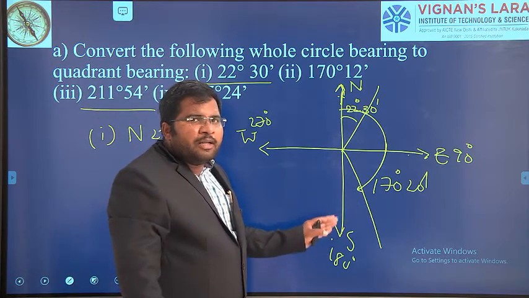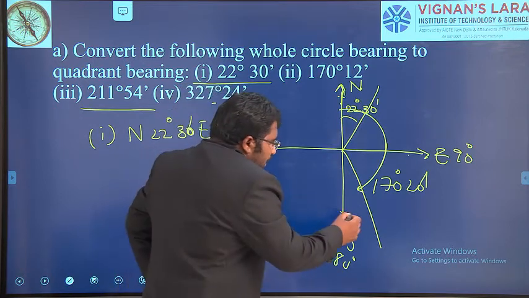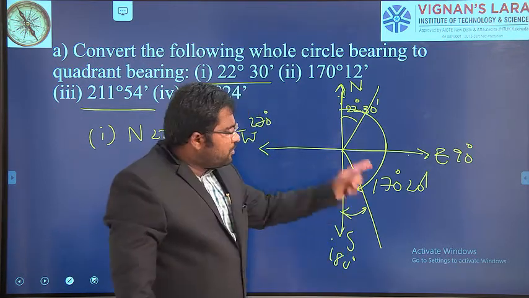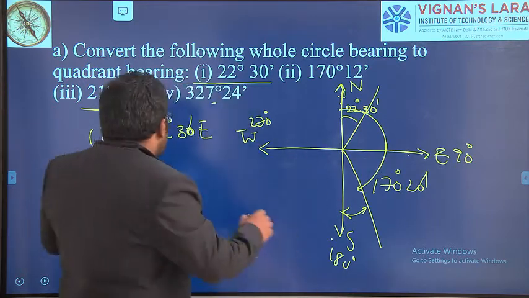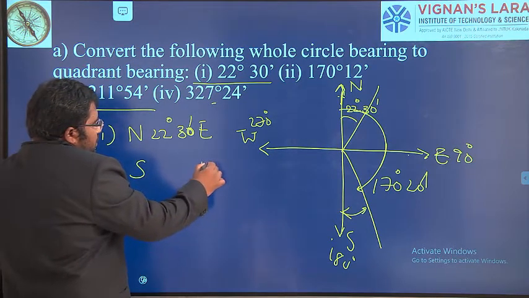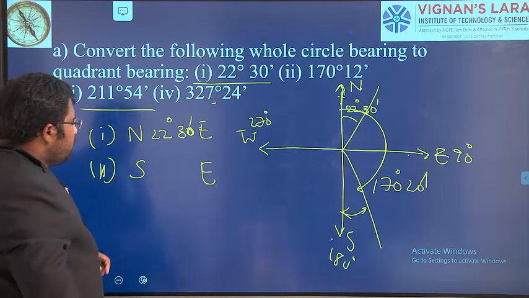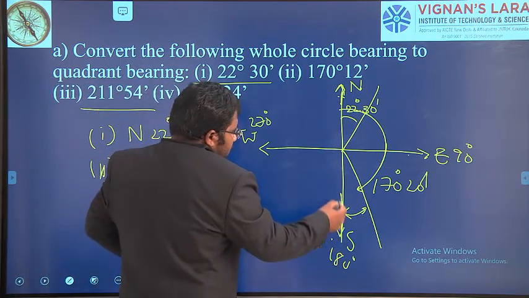That's why we have to represent this angle with respect to south. From here we have to say that it is towards the east. Now we can note down it is near to south and it is towards east.